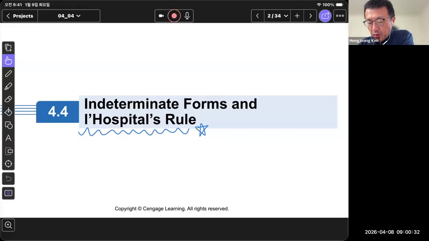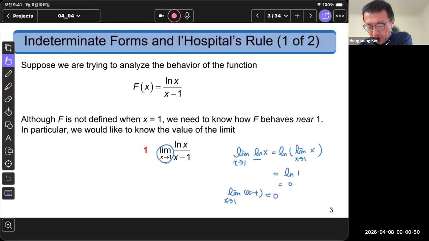First, in order to use L'Hopital's rule, there are two cases, and there will be some variants which apply the rule. So we will first consider some cases.